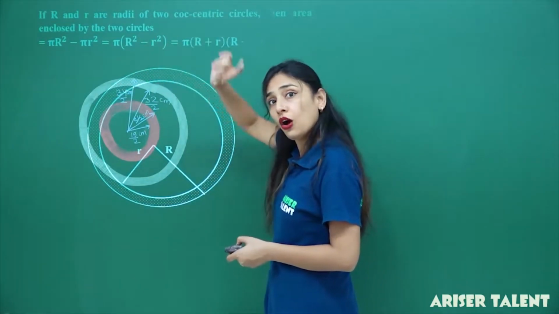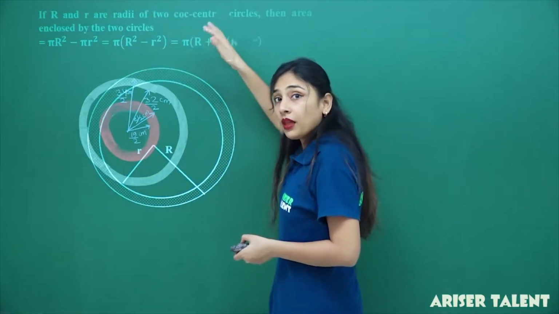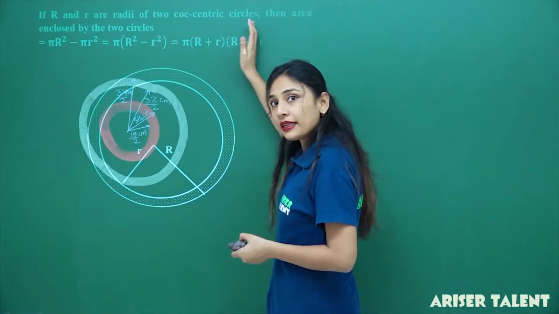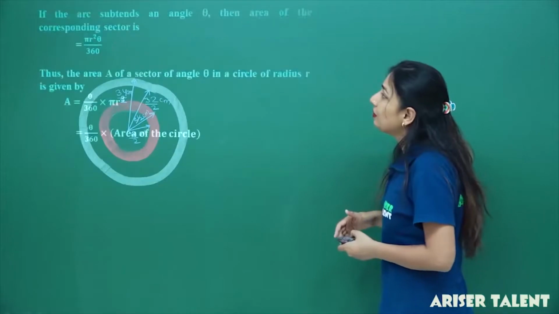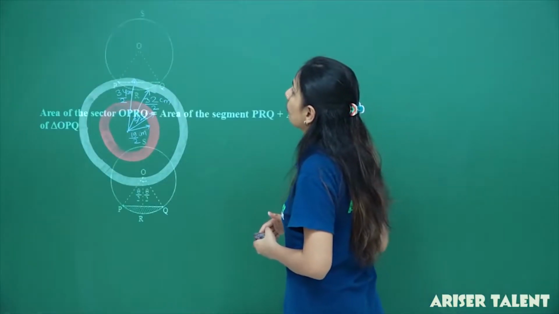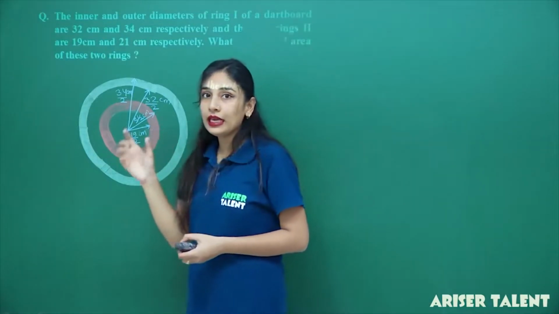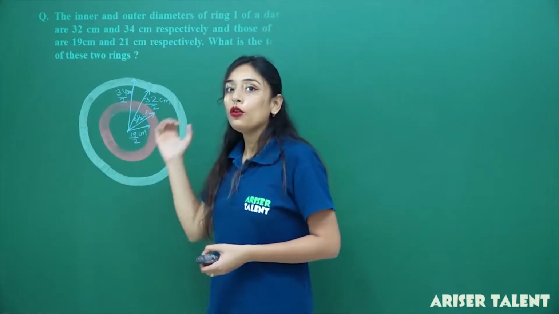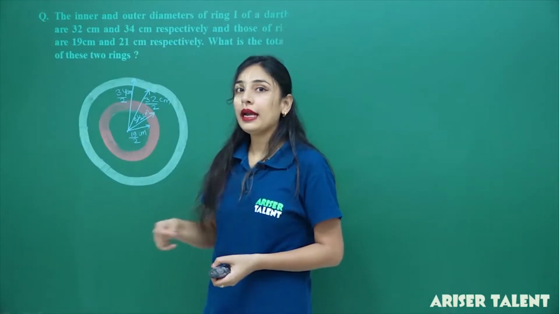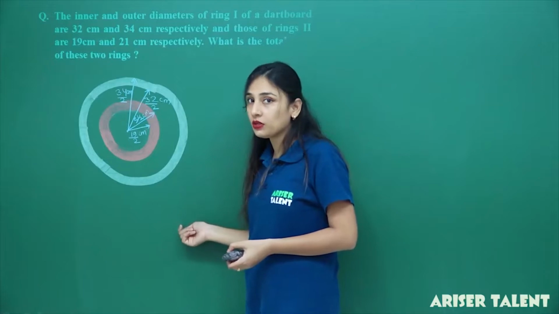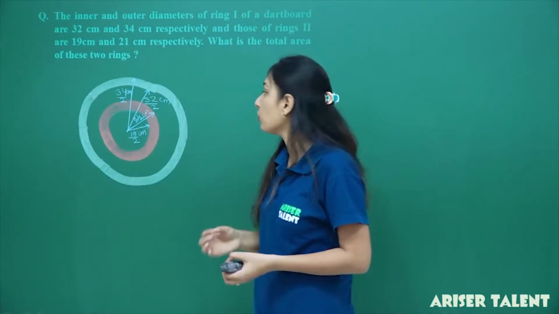This was the formula, or you can shift that formula to pi times (capital R plus r) times (capital R minus r). Okay, so we will apply the same in this. So here is our question. Look at this carefully. I told you this formula in the very first lecture of this chapter, and we are using it here in the combination. So be very specific about the theory part.